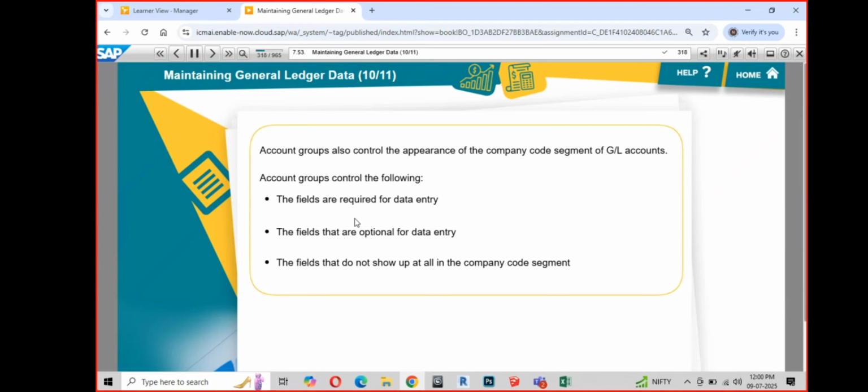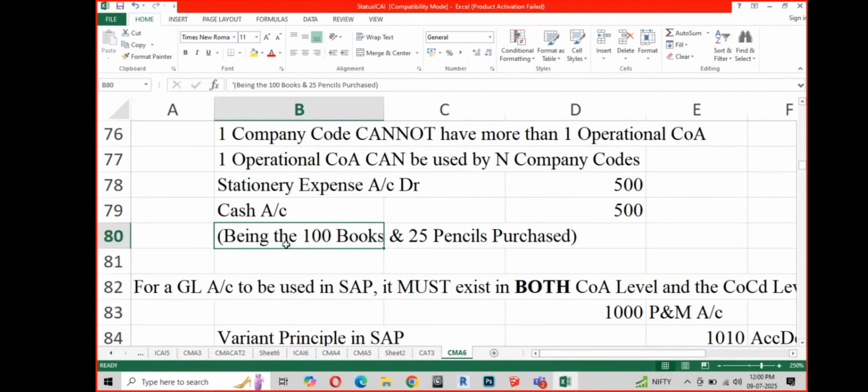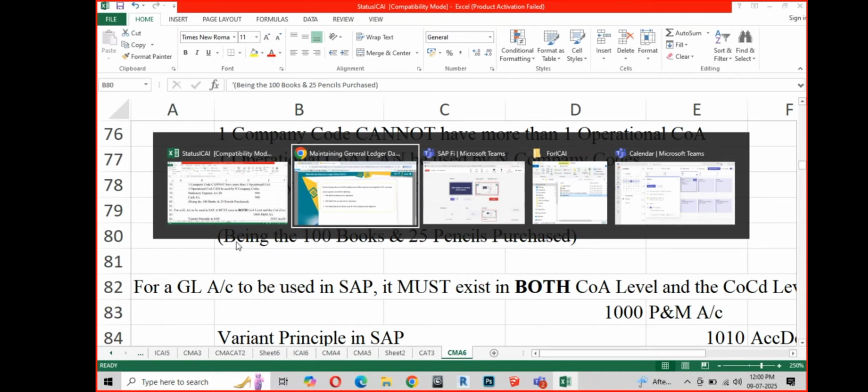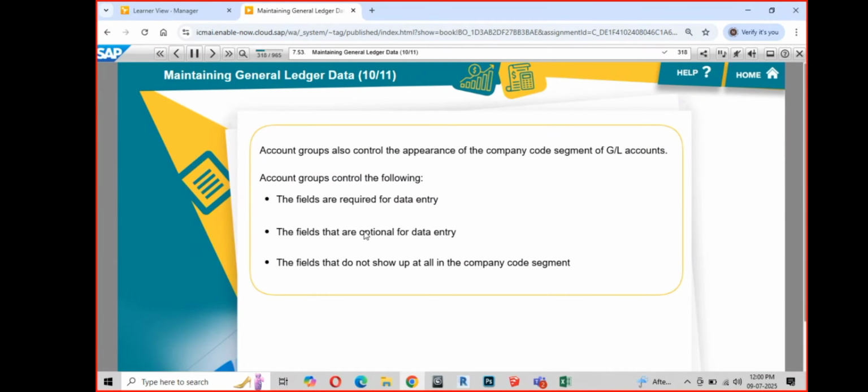If I'm also OK with the end user entering or not entering this information, SAP should go ahead and save this transaction. Then it would be optional. I would make this optional. Clear?